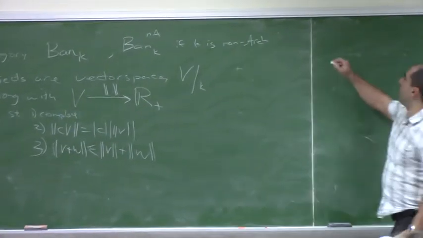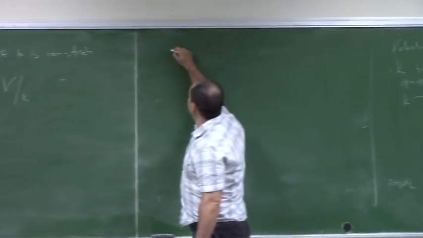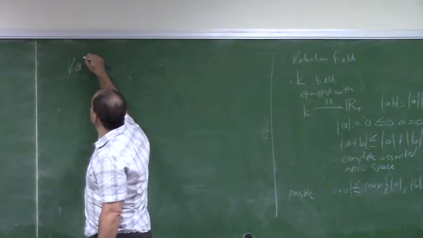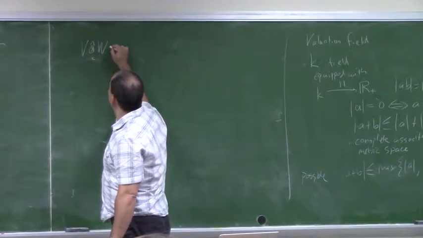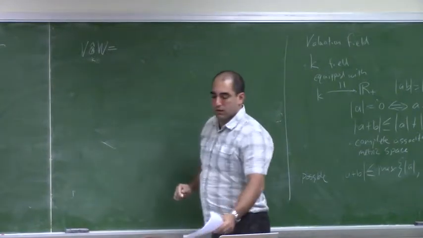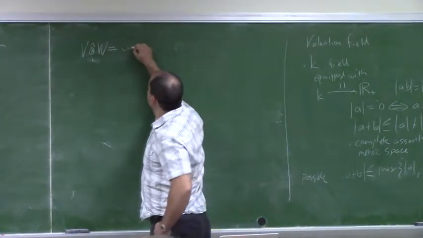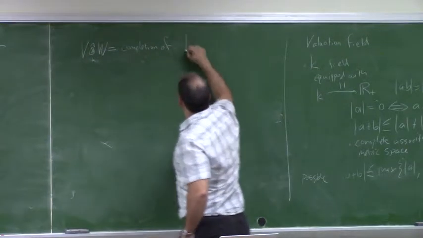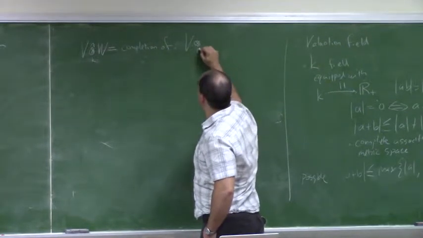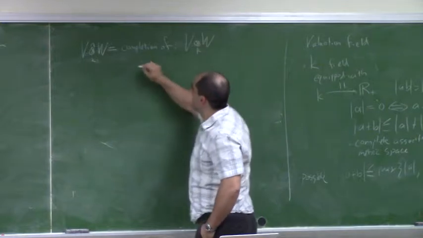Now, let me introduce the tensor product. Let me explain what the tensor product is. This is the completion of just the ordinary algebraic tensor product, which comes with a semi-norm.